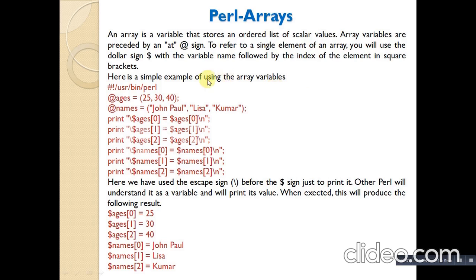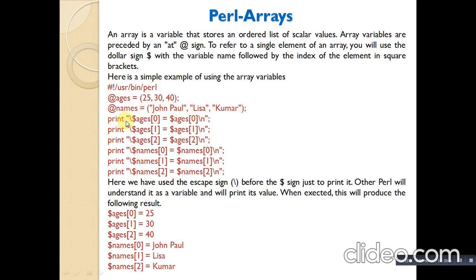We have the first line, that is the Perl interpreter line or shebang, and next is @ages. Now ages becomes the array variable which stores multiple values, say 25, 30, 40. Similarly, names will store John, Paul, Lisa, Kumar.